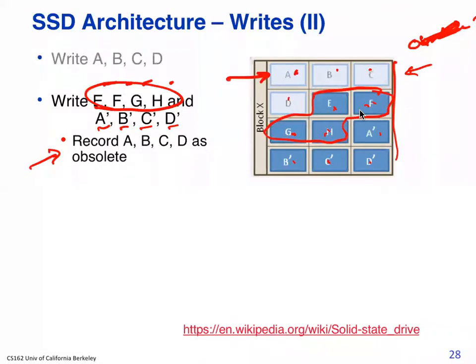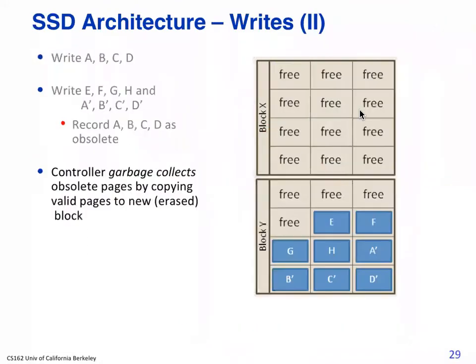So instead of that, we can mark ABCD which were there earlier, which are now shown in a light gray color, as obsolete, and new, modified data can be written here, A dash, B dash, C dash, D dash, in this space. Okay, is it okay?